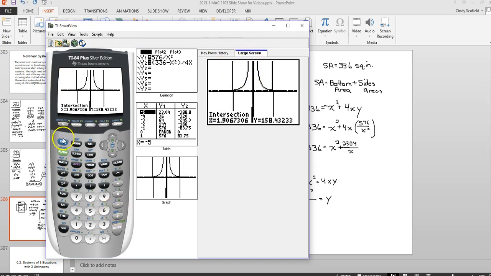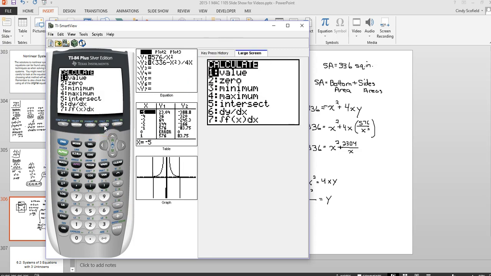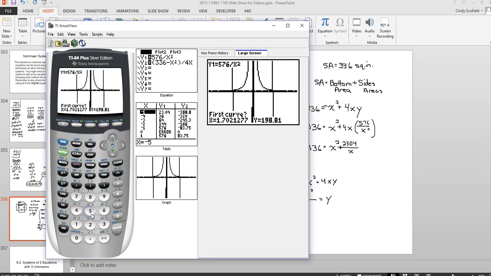So let's try computing this again. Let's do second calc, number 5. Where's my cursor? It's tricky trying to get it to put things in the right places, right? Let's do this. Let's hit enter, guess.